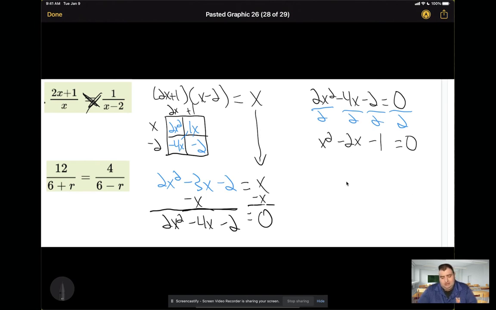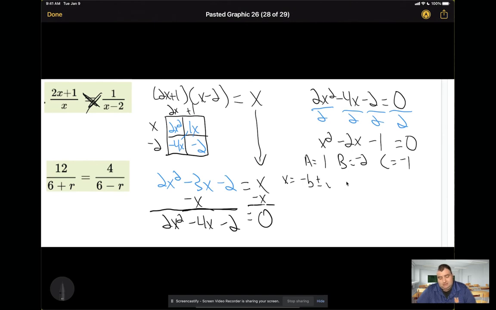So the quadratic formula, I got to identify my a, b, and c values. So my a is going to be 1. My b is going to be negative 2, and my c is going to be negative 1. So if you forgot the quadratic formula, this is the quadratic formula.